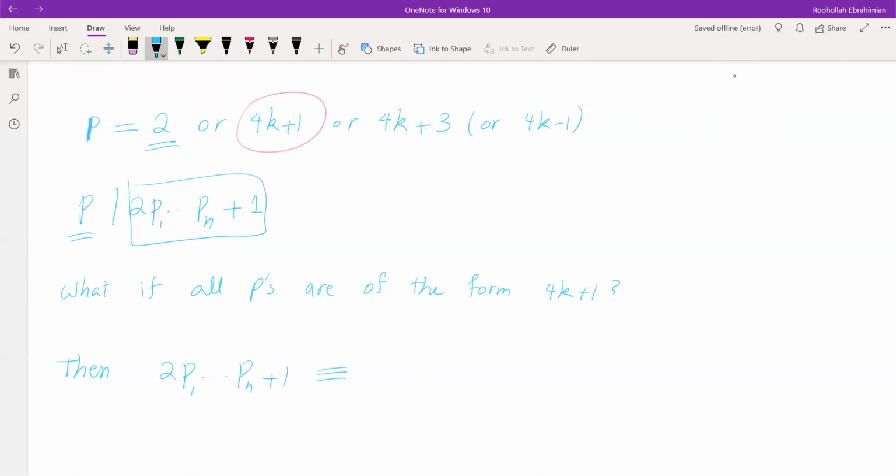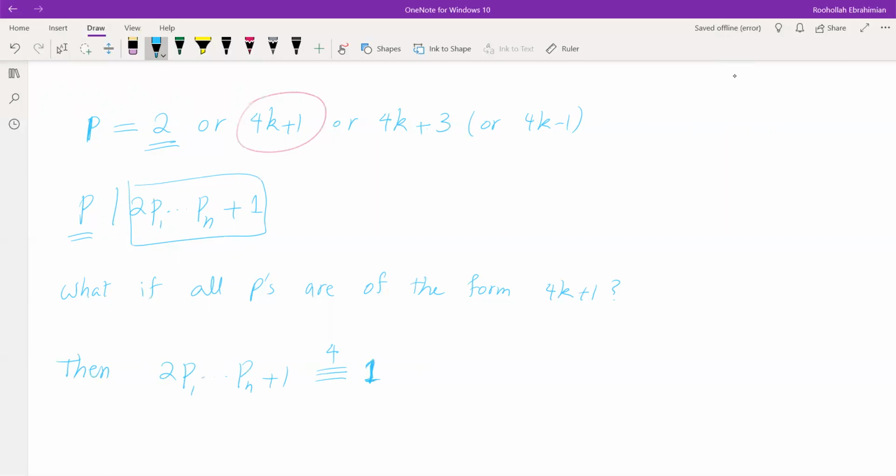So when you take that mod 4, when you take the remainder, when you multiply a bunch of 4k plus 1s, you're going to get another 4k plus 1. So that would be 1 mod 4. So is that possible?